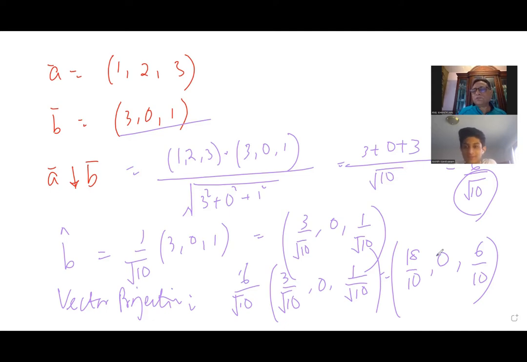Now, in case the two vectors are orthogonal, what will be the projection? If they're perpendicular, the projection will be 0. The scalar projection will be 0 and the vector will be the zero vector.